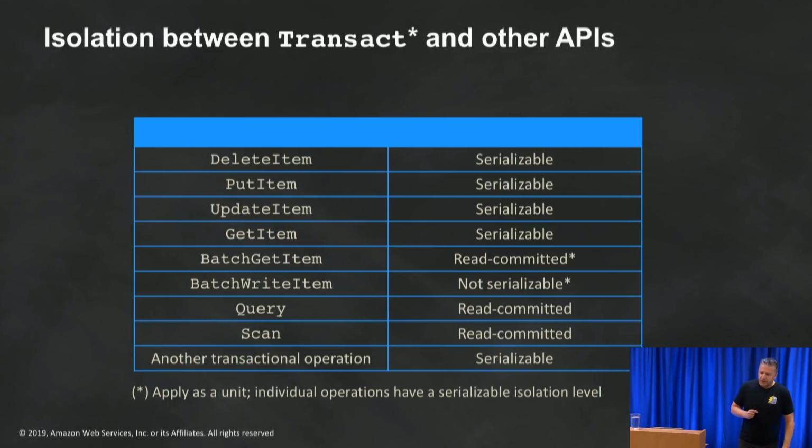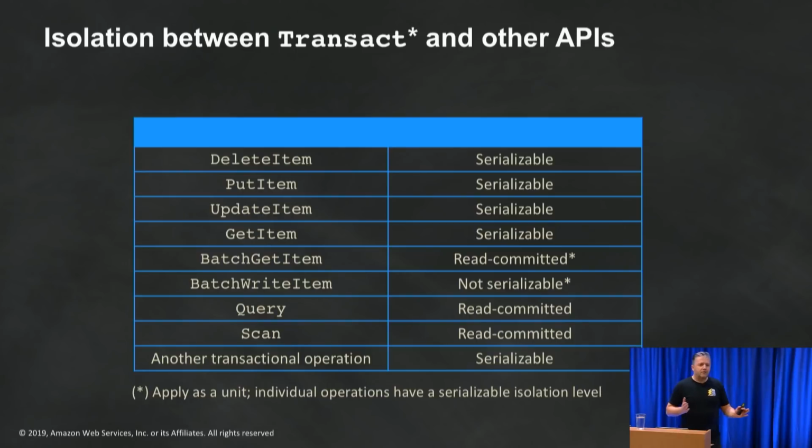Isolation between operations: you will see that between any and all transactional APIs, isolation is serializable, right? There's no interleaving possible. These operations occur as if they've been executed in a sequence. However, if you're looking at batch operations, especially BatchWriteItem, these are not serializable.